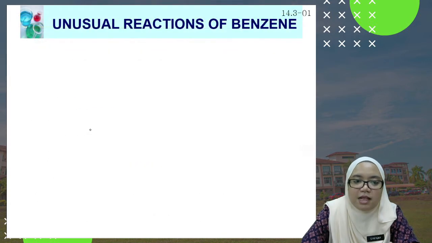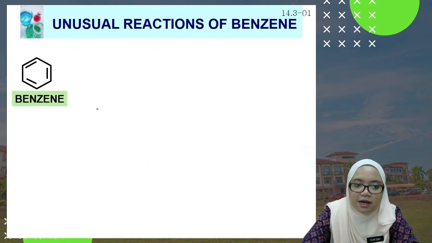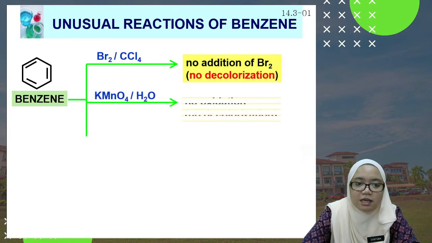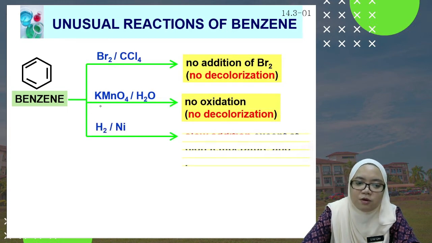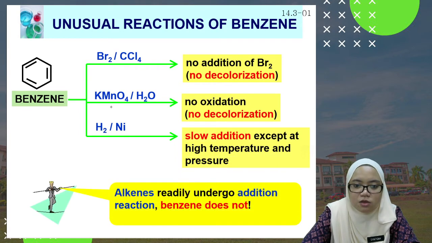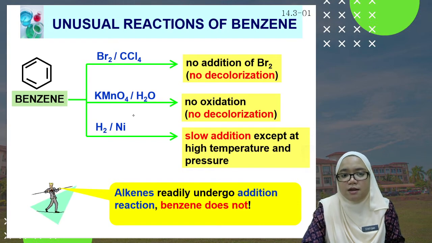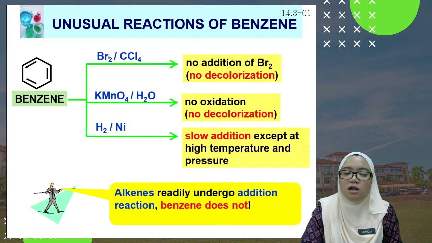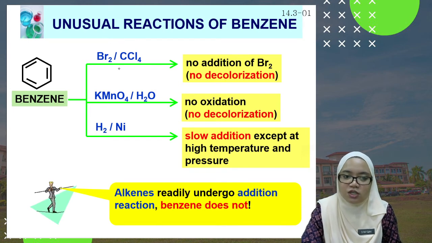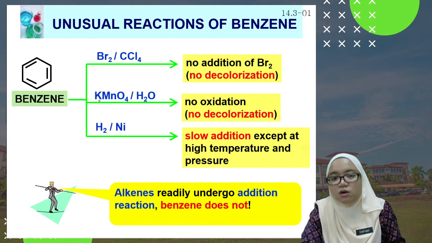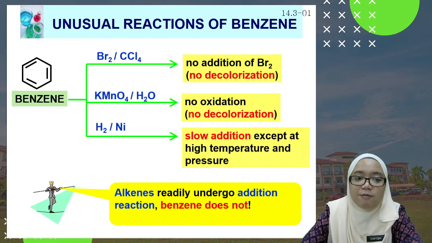Okay, let's look at this. Okay, so benzene ni dia tak sama macam alkene. So kalau alkene dia readily undergo addition reaction, tapi benzene tak. So kalau alkene dia boleh undergo hydrogenation, halogenation, oxidation dengan senang. Tapi benzene tak.